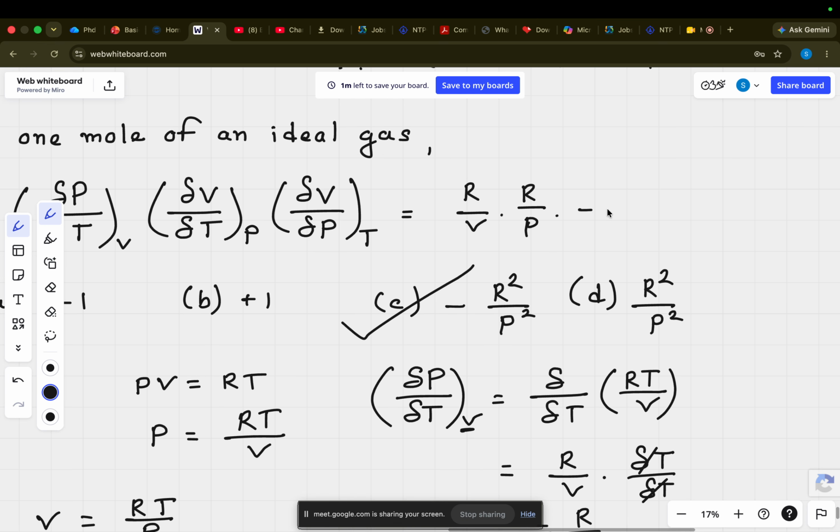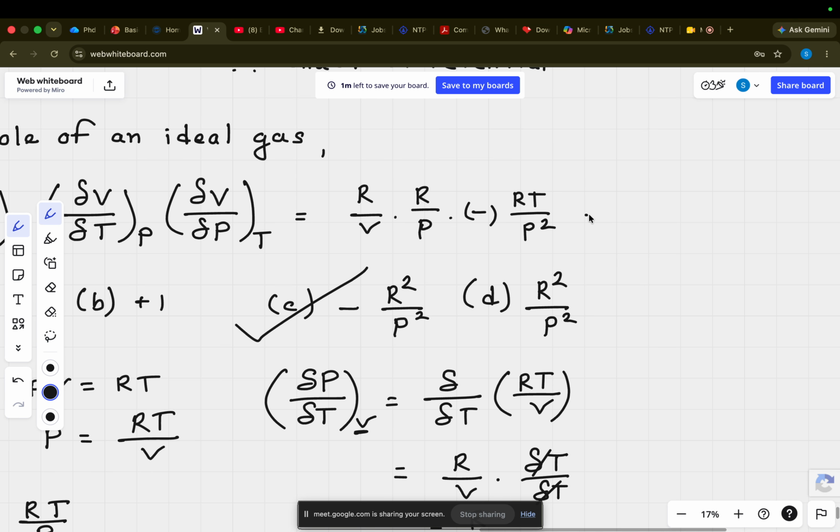So put the value minus RT by P square, right? Now what to do? You are getting this, na? So I am writing minus R square into RT divided by PV into P square. Now from the ideal gas equation, what do we know?